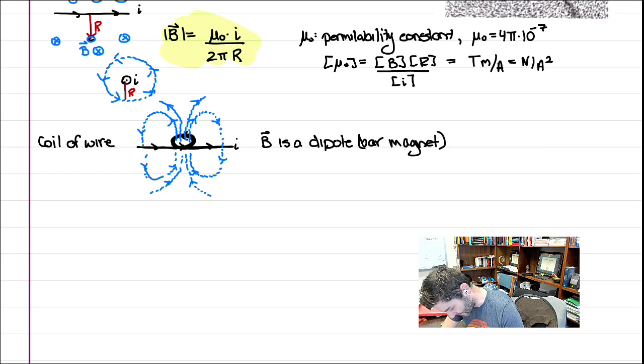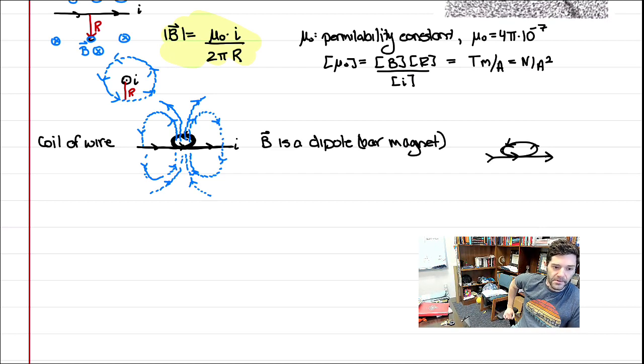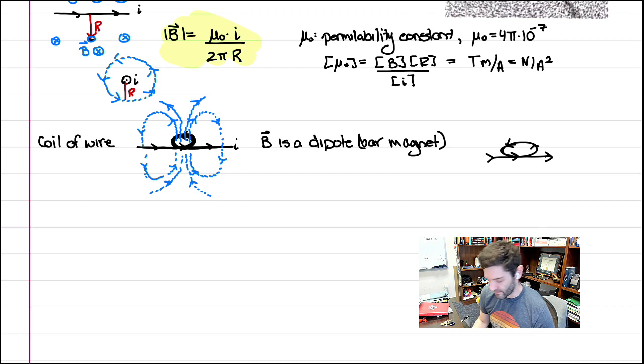So let me just draw the coil of wire again. And again, the current is coming in this way, looping around, and then going back out. Notice again, this is given by the right-hand rule.